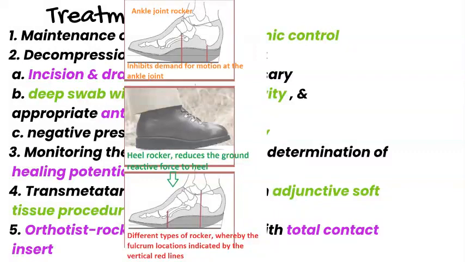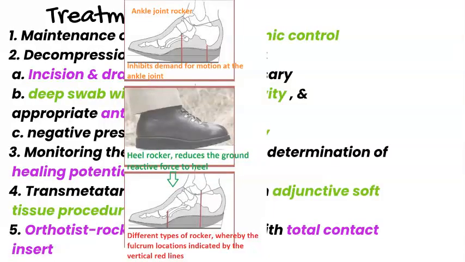This figure illustrates a different type of rocker whereby the fulcrum location indicated by the vertical red line. The uppermost shows the ankle joint rocker. It inhibits demand for motion at the ankle joint.